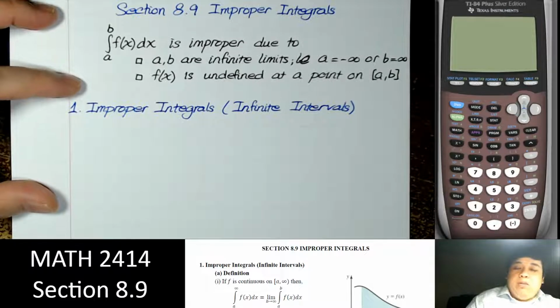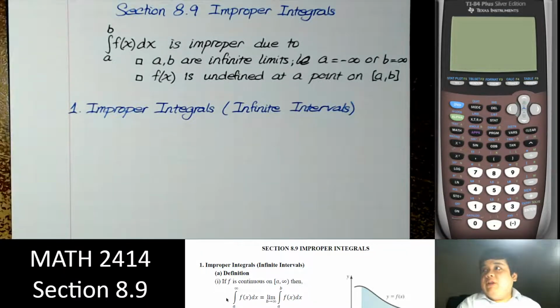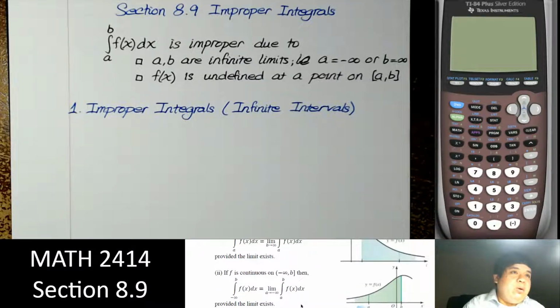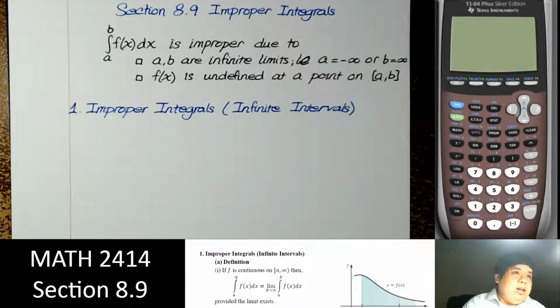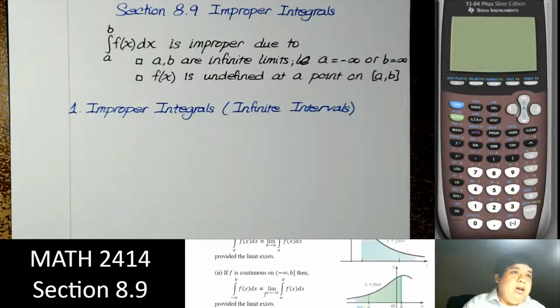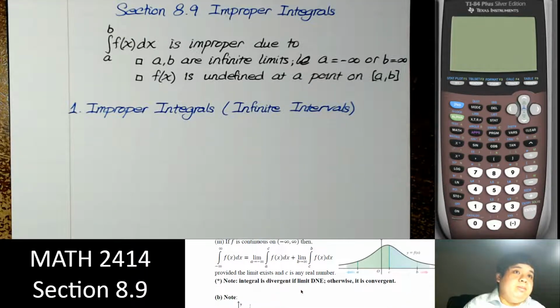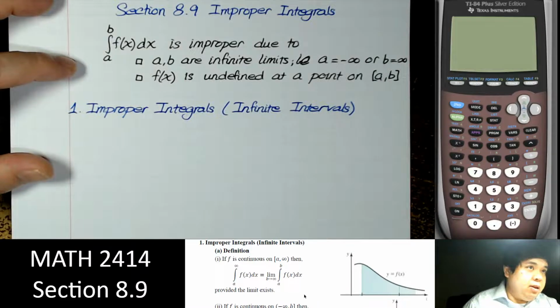One of the endpoints is equal to infinity. So we have three scenarios here. The first one, the upper bound is infinity. The second one, the lower bound is negative infinity. And we might have both of them.